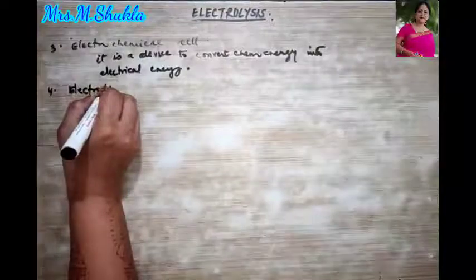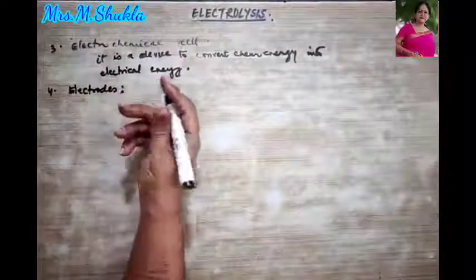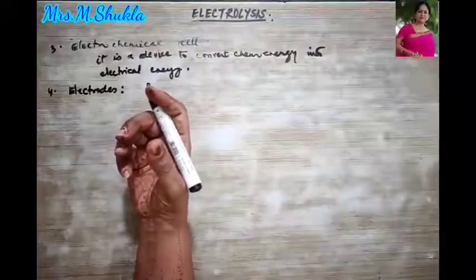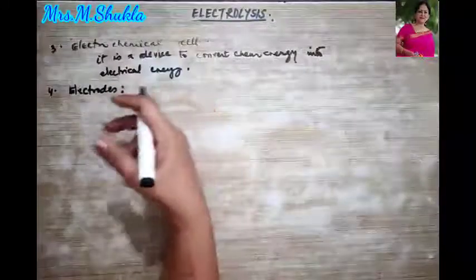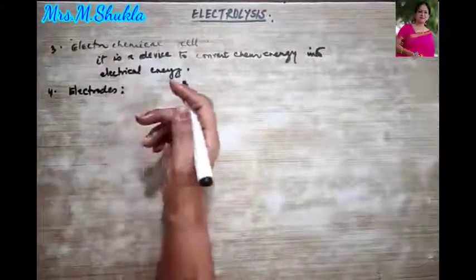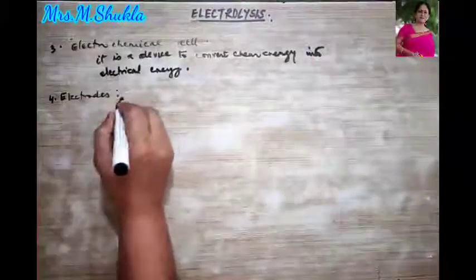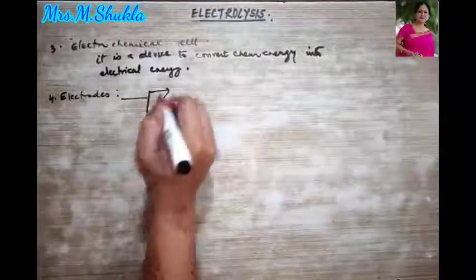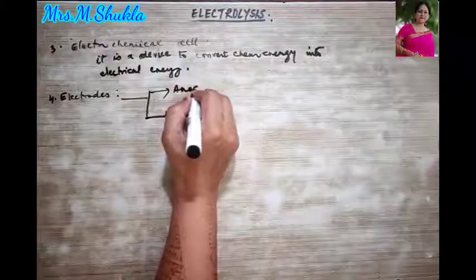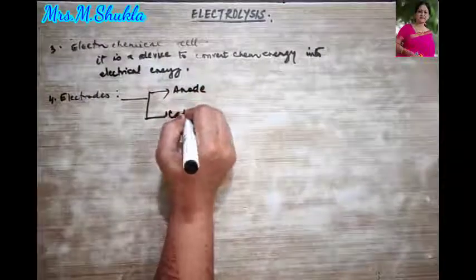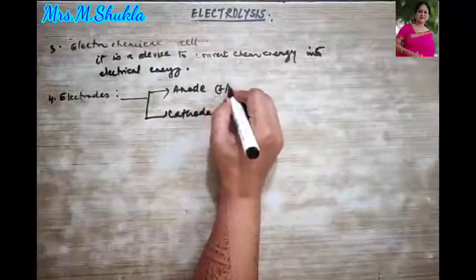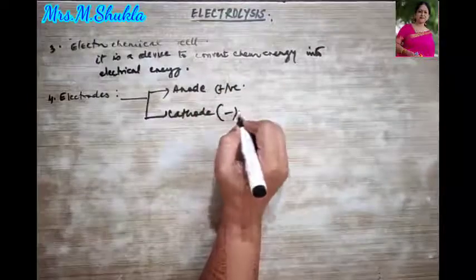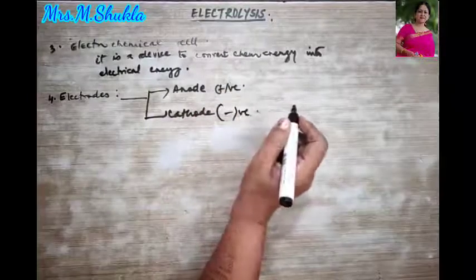Then we come to electrodes. What are electrodes? These are the rods, two plates or wires that are immersed in the electrolyte through which the current enters and leaves the electrolytic cell. These electrodes are of two types: anode and cathode. Anode is the positive end of the battery and cathode is the negative end of the battery.